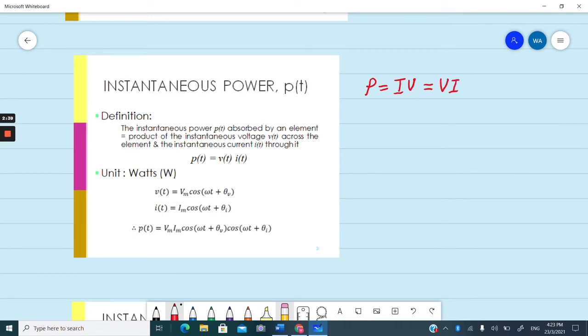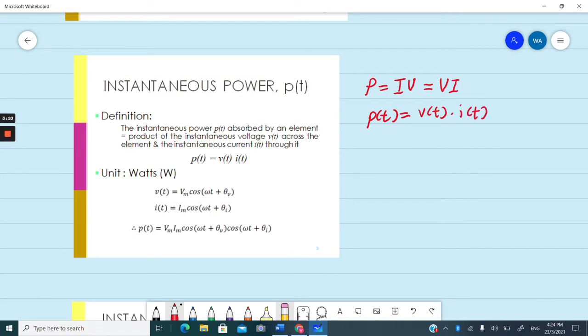For AC analysis, since you deal with voltage in cosine or sine, the instantaneous power is the product of the instantaneous voltage across the element and the instantaneous current through it, where p(t) equals v(t) times i(t).